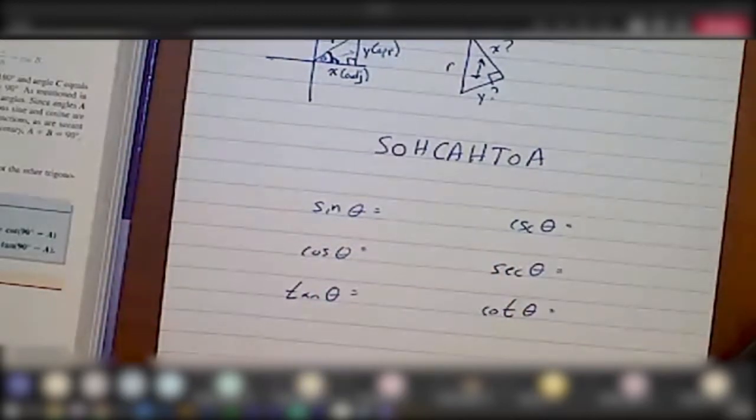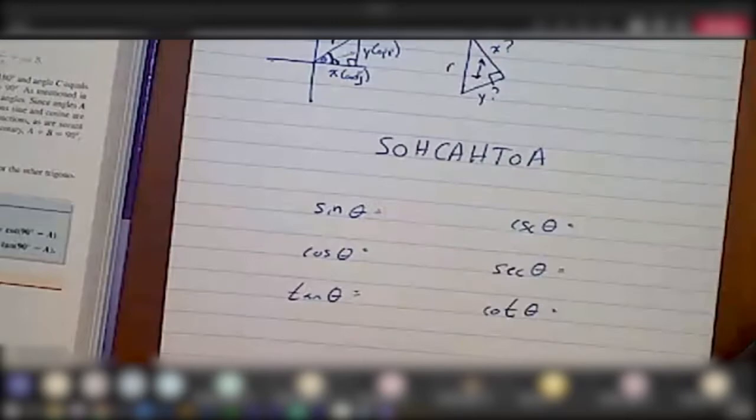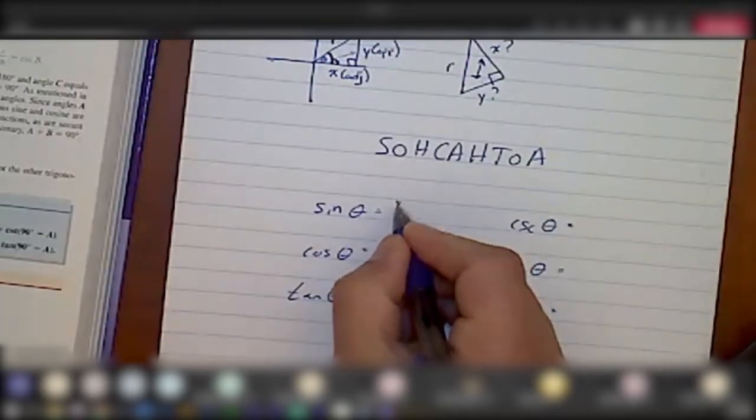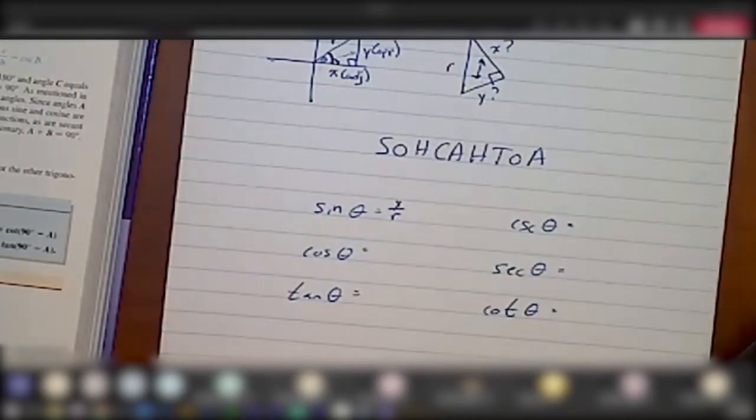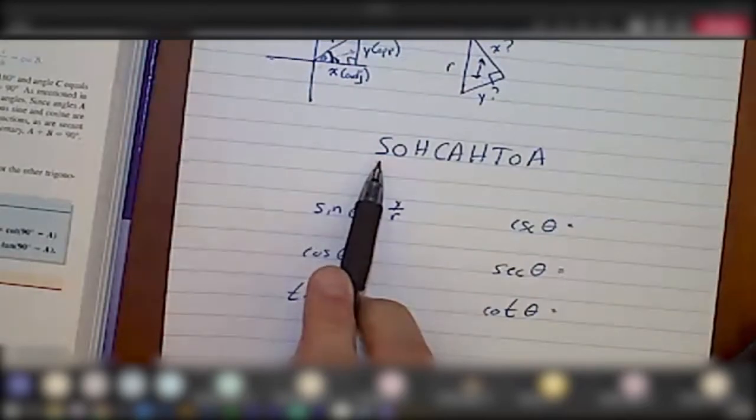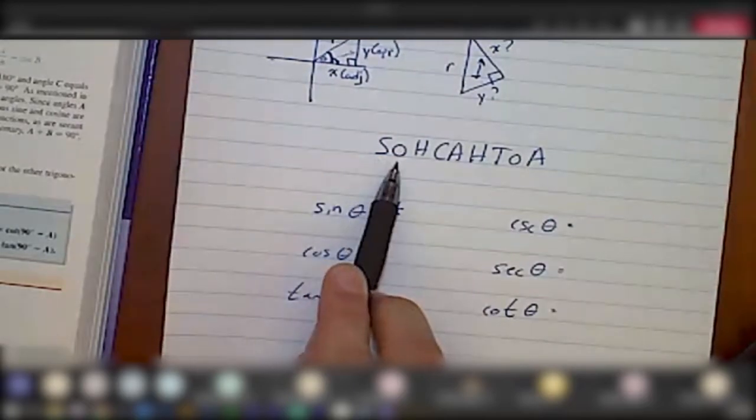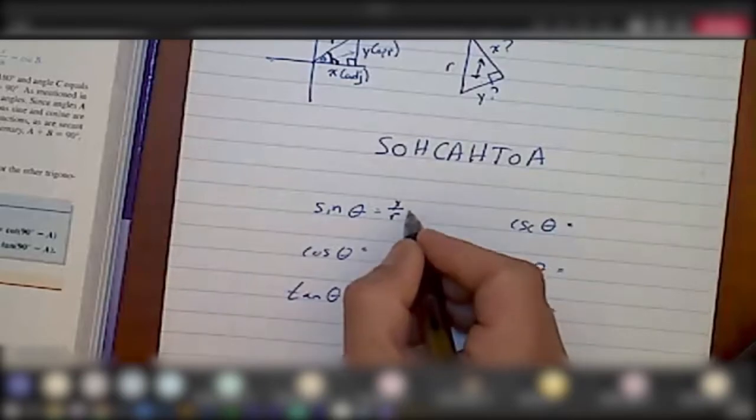No, you're good. The old way that we used to think about sine was y over r. The new way we're going to think about sine, and this is why SOHCAHTOA is so important, is that SOHCAHTOA stands for sine is opposite over hypotenuse.